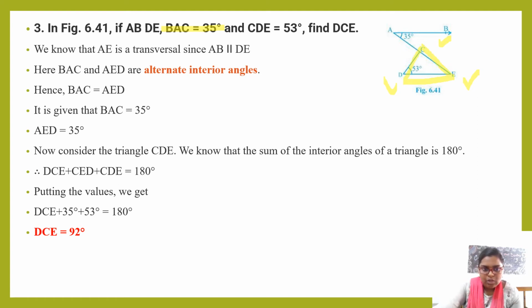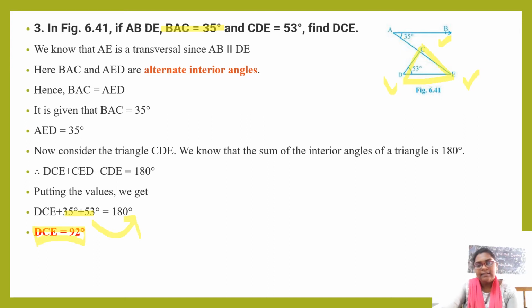So here I am substituting DCE plus, instead of CED, the value 35 degrees, plus 53 degrees that we found. Add these two and it goes to this side and becomes subtraction. Then the final answer will be 92 degrees.